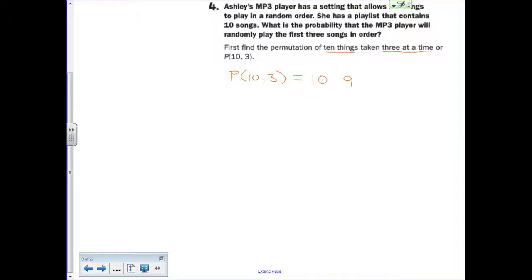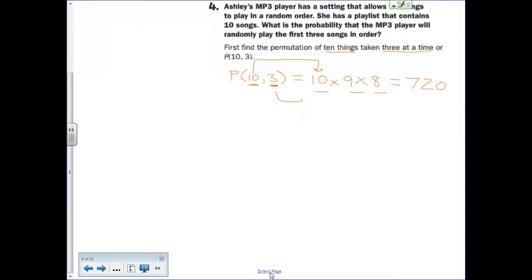And then we have 8 choices for the third song because, again, we're not going to repeat the first 2 songs. So again, the first number tells me what to start with here. The second number tells me how many places I'm going. So I'm going to take 10 times 9, which is 90, times 8, which is 720 different permutations.